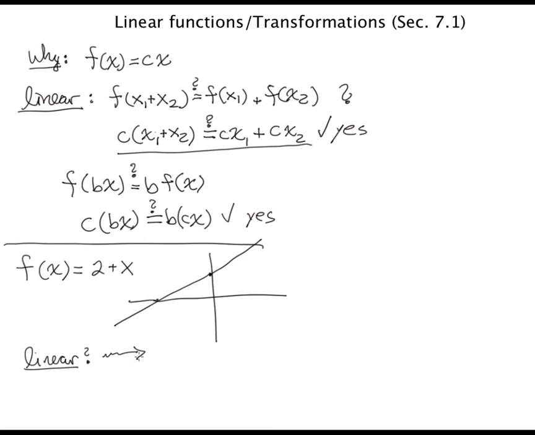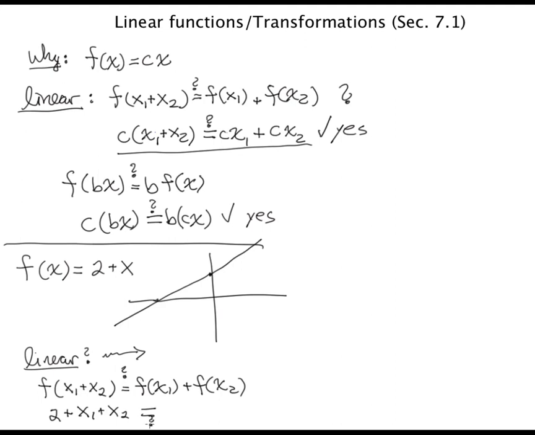All right, well, let's see. Is this function linear? Is it true that f of x1 plus x2 is equal to f of x1 plus f of x2 for all x1 and x2? Well, let's see. What's f of x1 plus x2? This is 2 plus x1 plus x2.